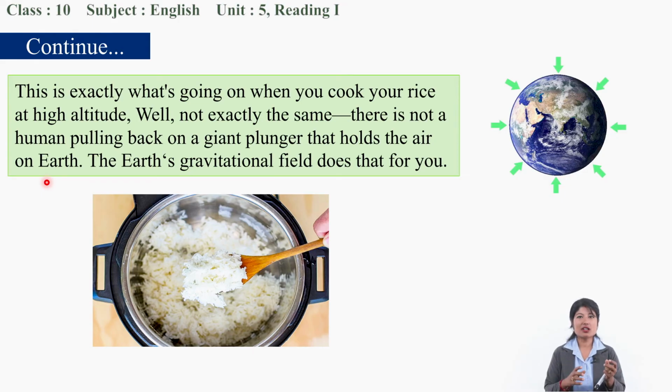So it cannot be done like the syringe experiment, where a little water was put in and the plunger was pulled back, and then bubbles formed inside the syringe. This cannot be done in the natural environment. The earth's gravitational field does that for you. Gravitation maintains the pressure.